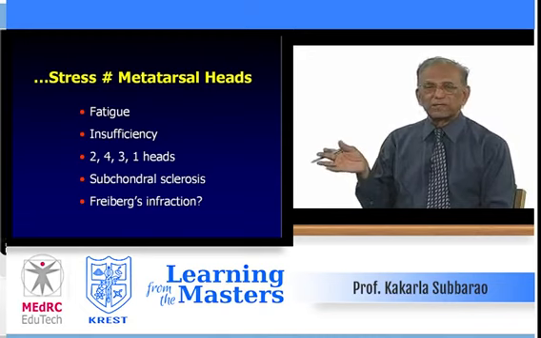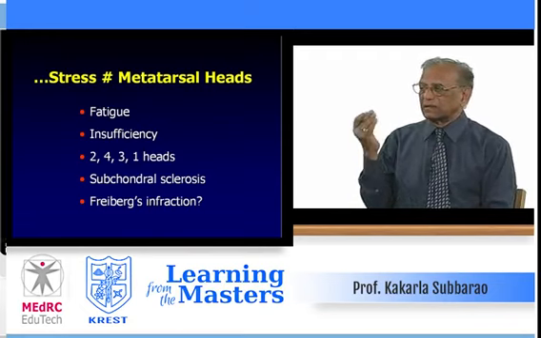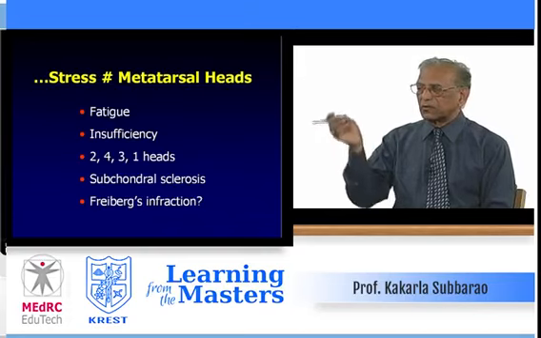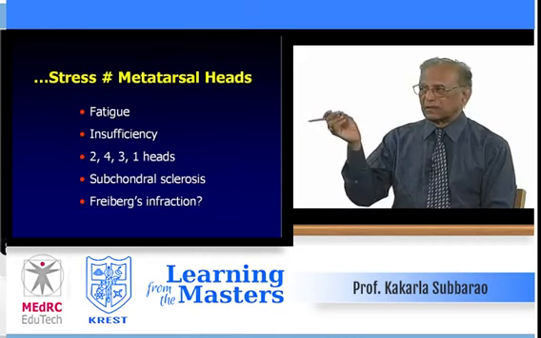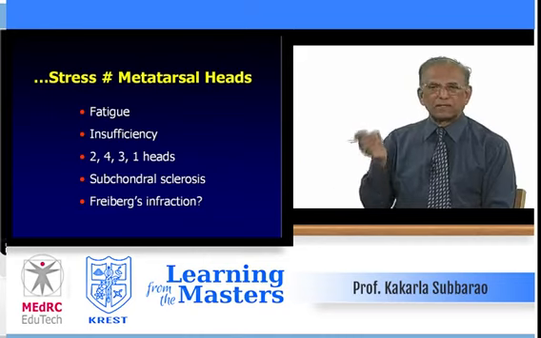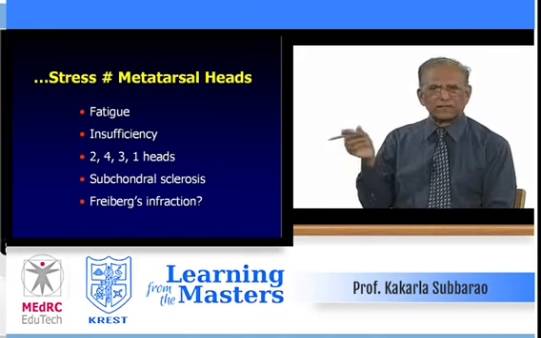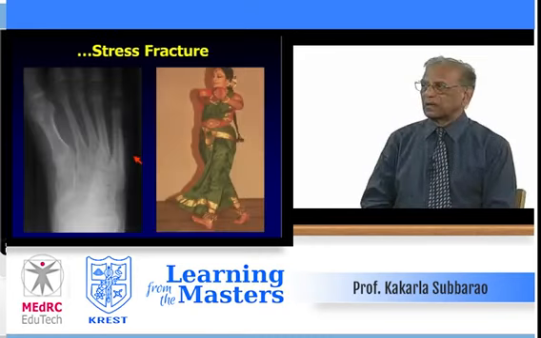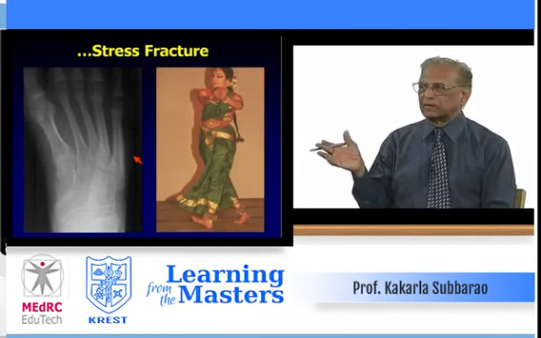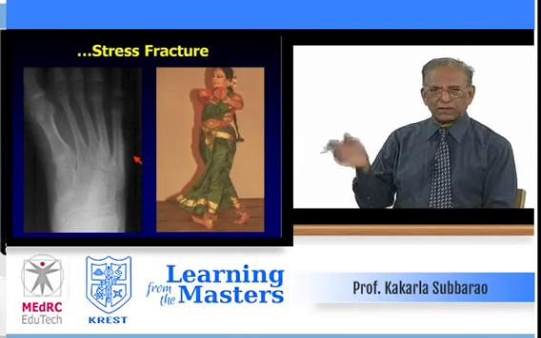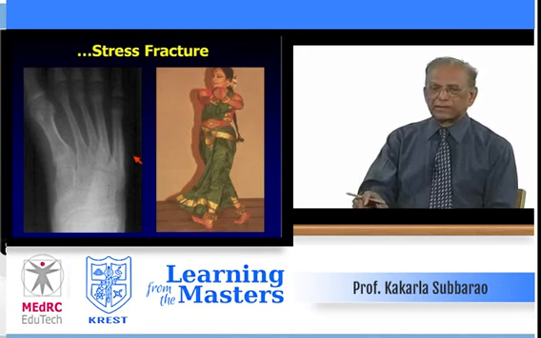Fatigue fractures, insufficiency fractures, and subchondral sclerosis, the so-called Freiberg's infraction, not infarction, infraction. Well, there is infarction also. There is ischemic necrosis. Again, in classical dance, particularly in women, there is a stress on the fifth metatarsal, and you see periosteal reaction and cortical thickening.